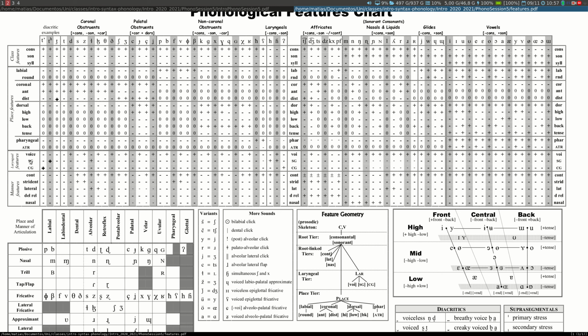Yeah, so we saw these features. These are about pharyngeals, and with these two features we can distinguish between the three pharyngeals, for example. Now, for vowels, you see some features don't make any sense for vowels.